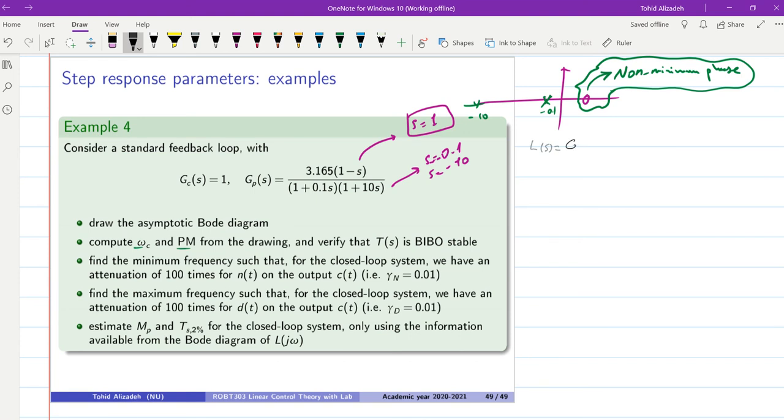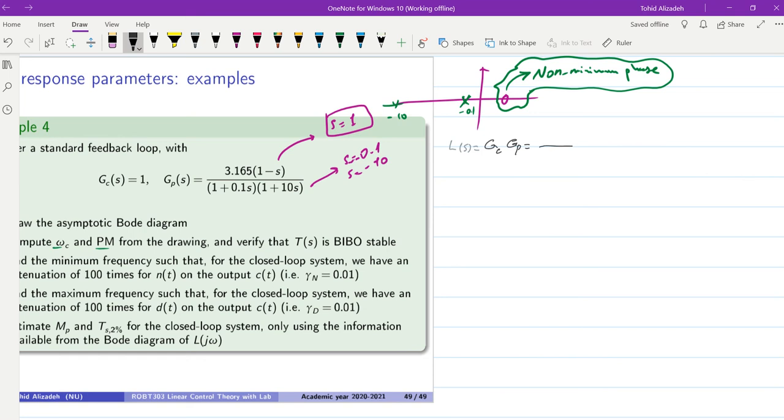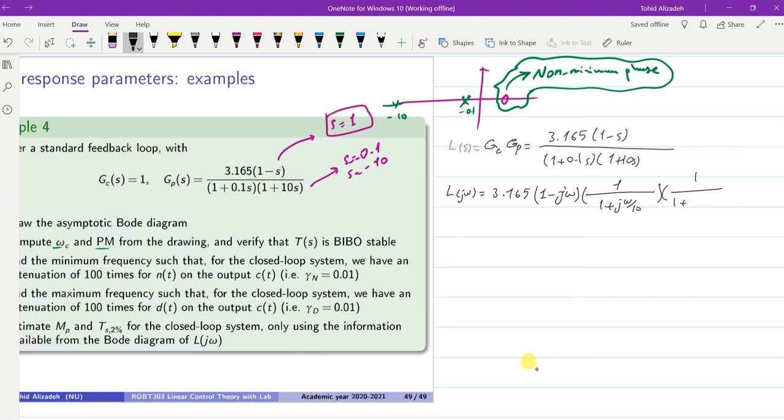L of S is equal to GC times GP, where we have 3.165 times 1 minus S over 1 plus 0.1 S times 1 plus 10 S. So L of j omega will have these components: 3.165 times 1 minus j omega times 1 over 1 plus j omega over 10 times 1 over 1 plus j omega 10.